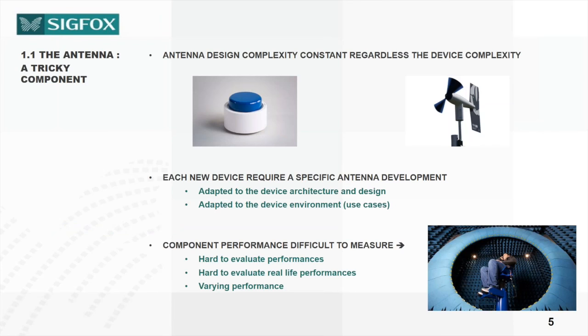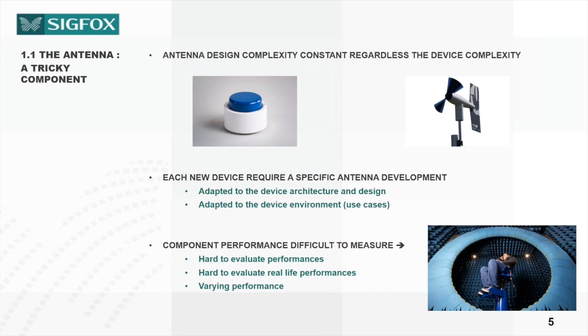Okay, let's continue. So section 1, generalities. So why is an antenna such a tricky component compared to others? That doesn't mean that other components are easy. Anyway, the first point is that the antenna design complexity is constant regardless of the device complexity.